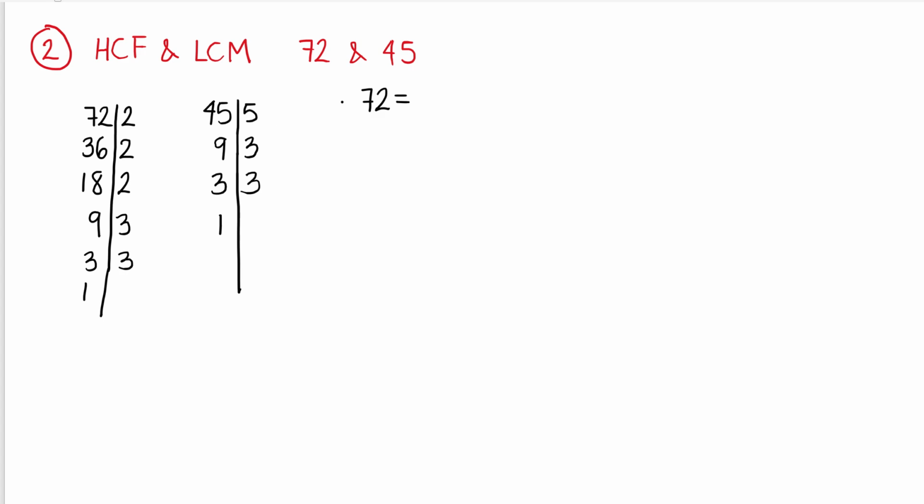I'm going to start with 2 times these 2 times these 2 times 3 times 3. So I have only written down here horizontally the same thing that I have here. I'm just going to highlight what I have done. 2, 2, 2 is these 3 2's, and then 3, 3 are these 2 3's.